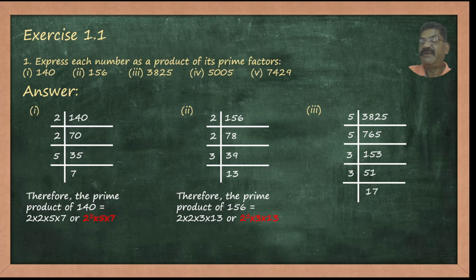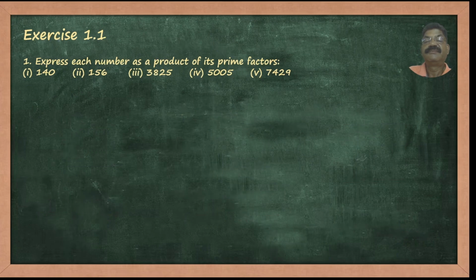The quotient is 51. 5 plus 1 is equal to 6, which is divisible by 3. Therefore, 51 is divisible by 3. I divided by 3. 17 is the quotient and 17 is a prime number. Therefore, the prime factorization of 3825 is equal to 3 square into 5 square into 17.